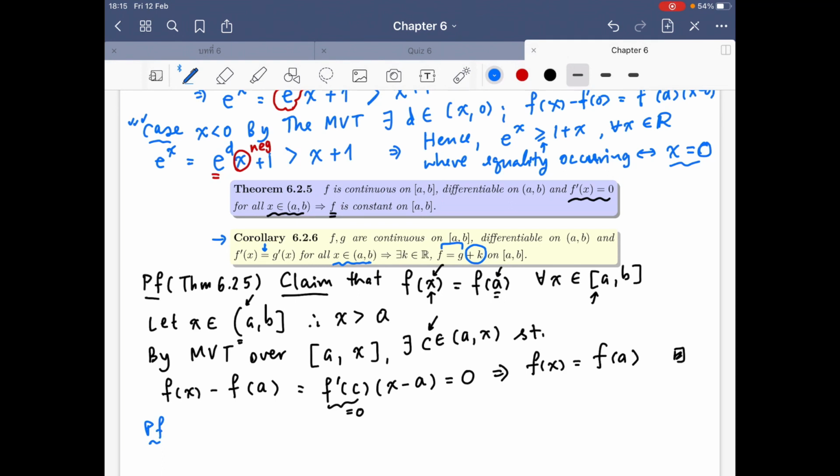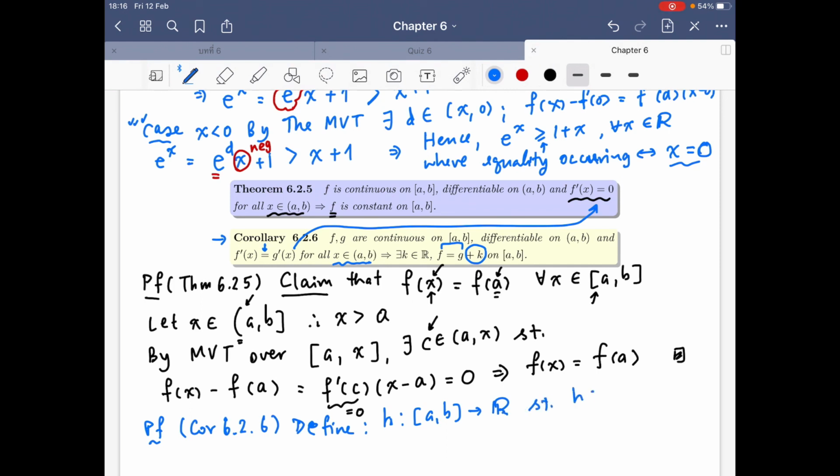So to prove corollary 6.2.6, we just define another function, because if you look at the equation, you can link it with the one equal to 0 by letting h, from the closed interval [a, b] to R, be simply f of x minus g of x.